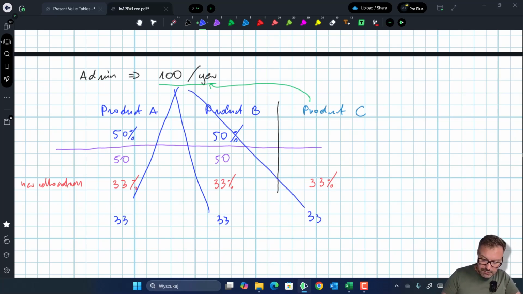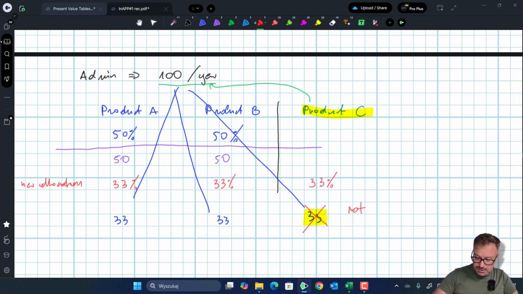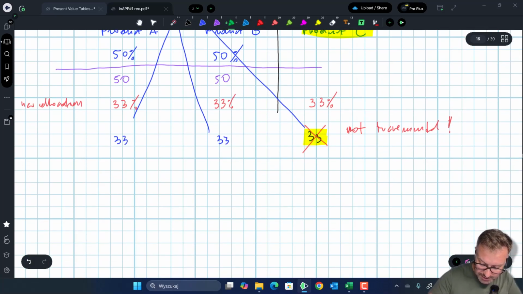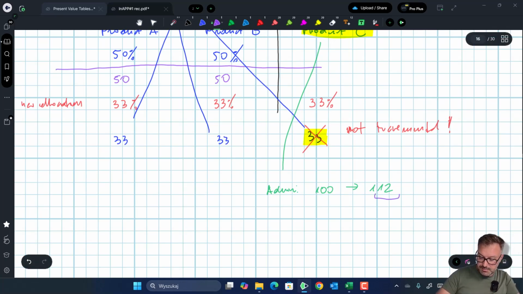It is obvious that if we are provided with this information and we are computing the cash flows for the NPV of this product C, then it is clear that this 33 is not incremental. It's not a cash flow, it's just allocation. However, if we assumed now that product C will require an increase of administrative expenses from 100 to 112, then it is obvious that we do have an incremental increase.